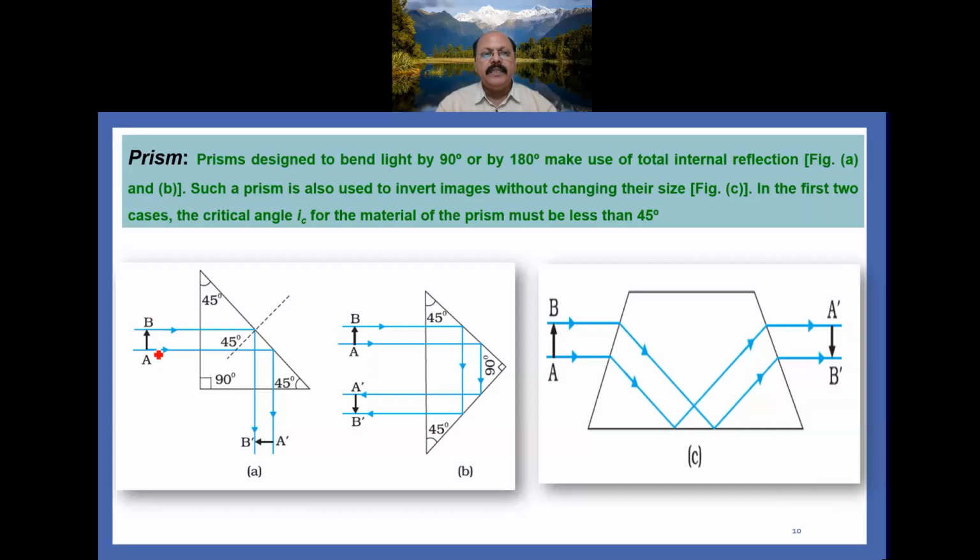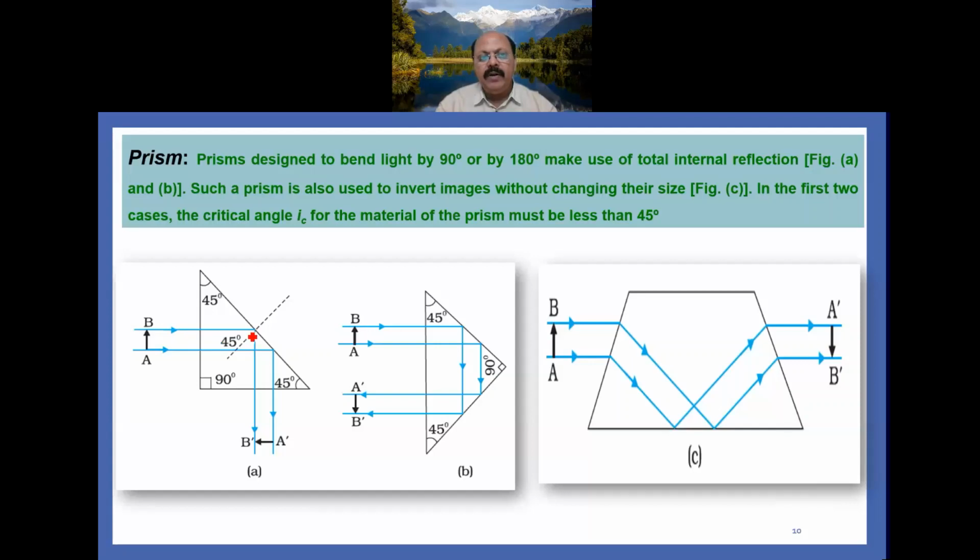Here AB object is placed. When the ray of light travels from point B and is incident on this surface of the prism, it is a normal incidence, so it passes straight.